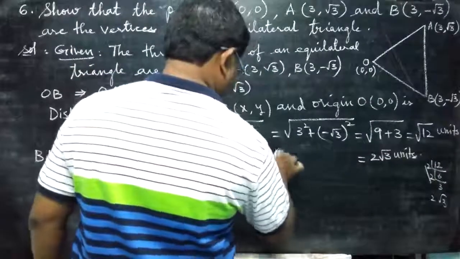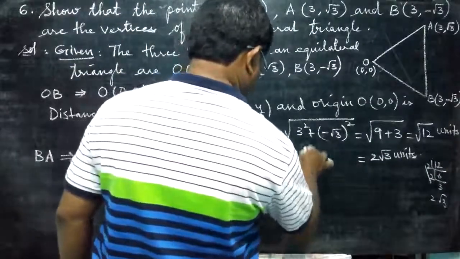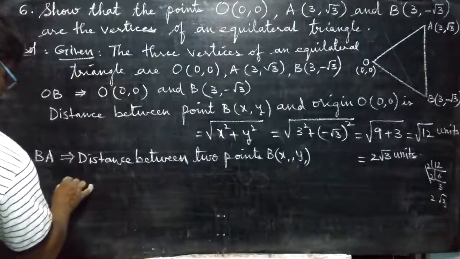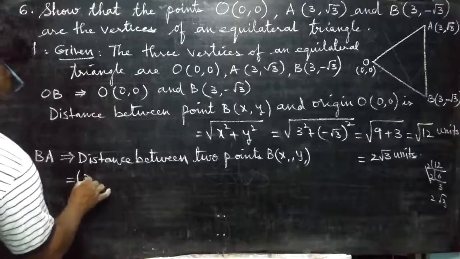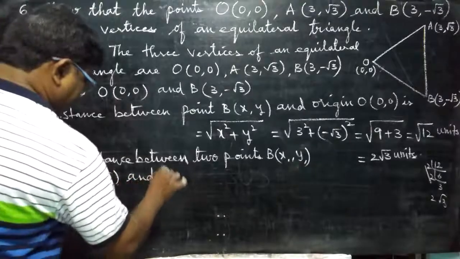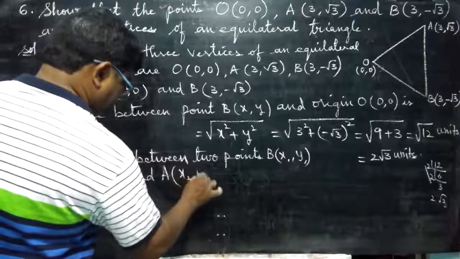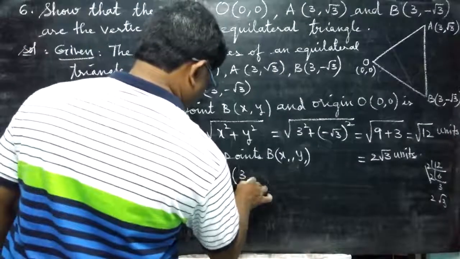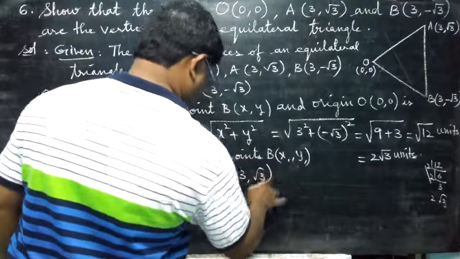D x1 y1 is equal to 3 comma minus root 3, and A thinking as x2 y2, that is equal to 3 comma root 3.